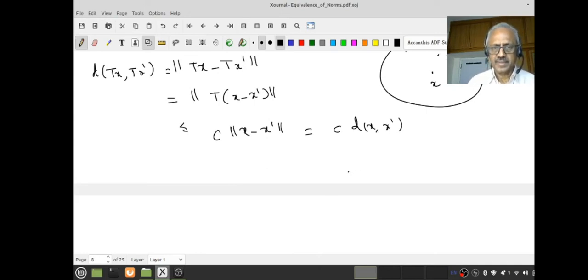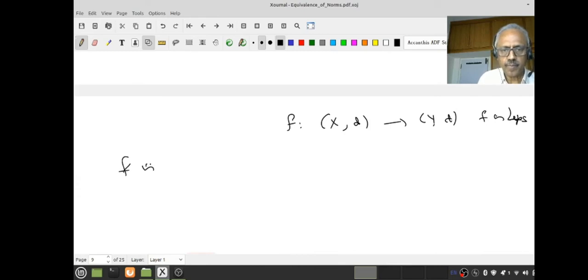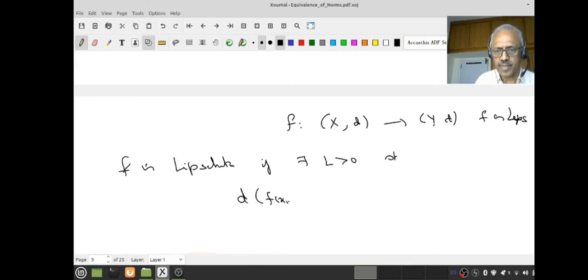I am sure all of you must have seen, if I have a metric space X, I say f is Lipschitz if there exists a positive constant L, so that the distance between f(x1) and f(x2) is less than or equal to L times the distance between x1 and x2.